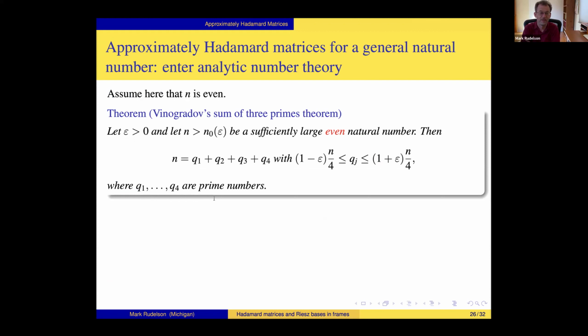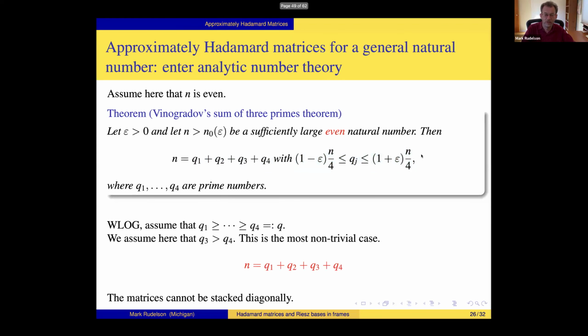Let me consider a modification of it for even numbers when we have not 3 but 4 primes. So let's assume that we have a sufficiently large even natural number. Then this number can be represented as a sum of 4 primes, and moreover, these primes can be as close to n/4 as we want.